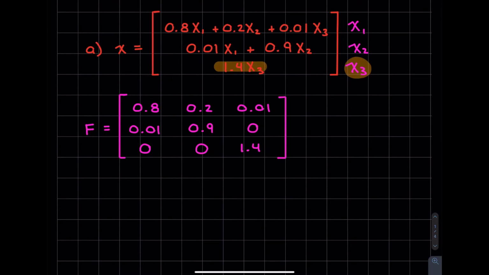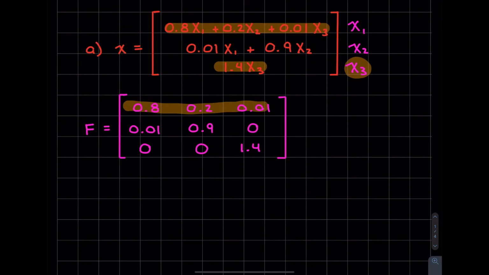So if we look at the small x1 above, this equation that I'm highlighting here, you notice how the coefficients were 0.8, 0.2, and 0.01. And if I look at my first row of F, and I have 0.8, 0.2, and 0.01, it's not just as simple as taking those coefficients, because some of the position functions can be a function of x1, let's say, squared.